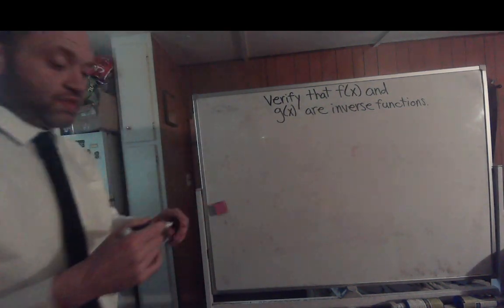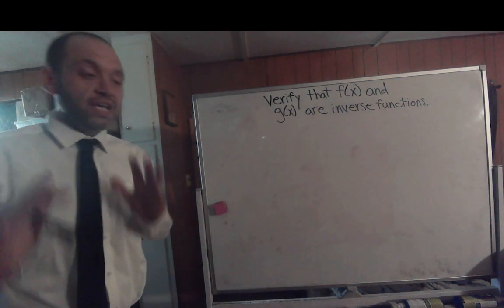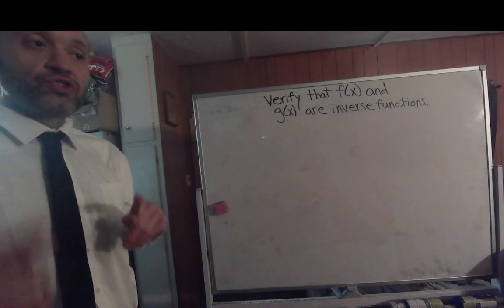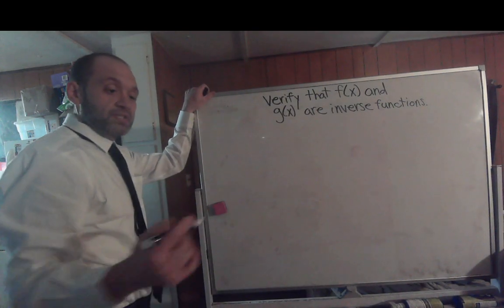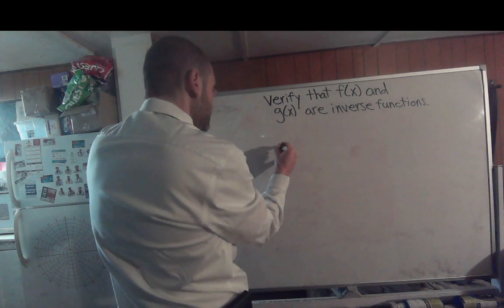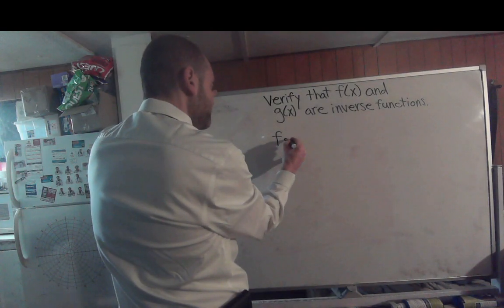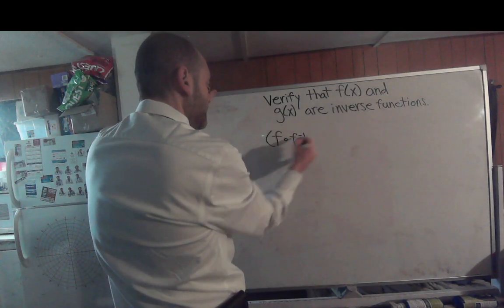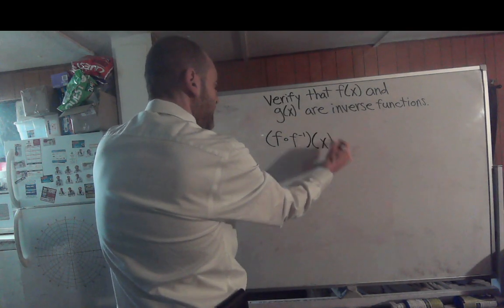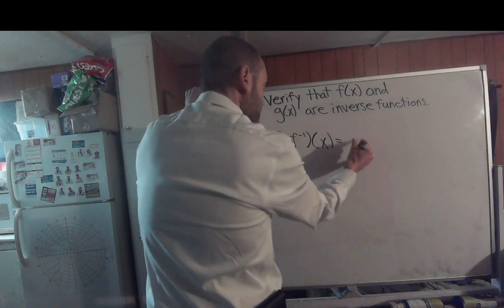So here's the thing. If two functions are truly inverses of each other, this goes to composition of functions. So if I take f composition f inverse of x, I should just get x.